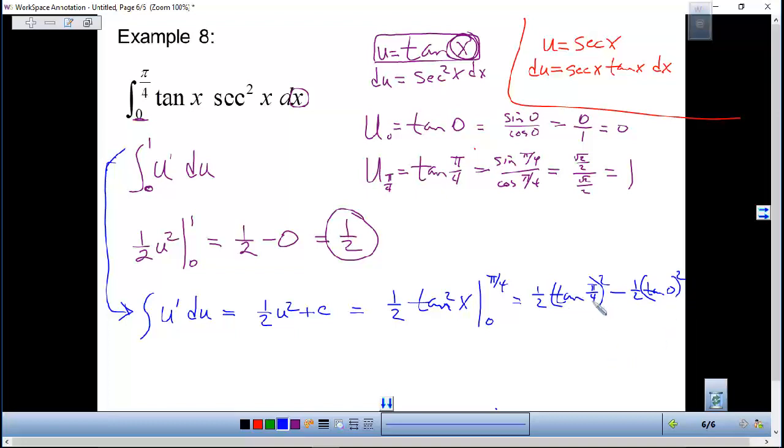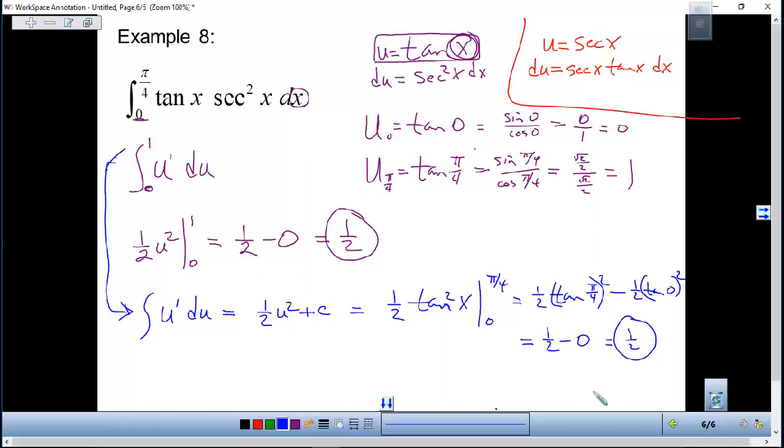So the tangent of pi over 4, once again, is 1, like we found up here. And we have 1 squared, which is 1, times 1/2 gives us 1/2. And then the tangent of 0, which we found up here, is 0. 0 squared is 0. 0 times negative 1/2 is 0. So we end up with 1/2 again. Two different ways of doing the exact same thing.